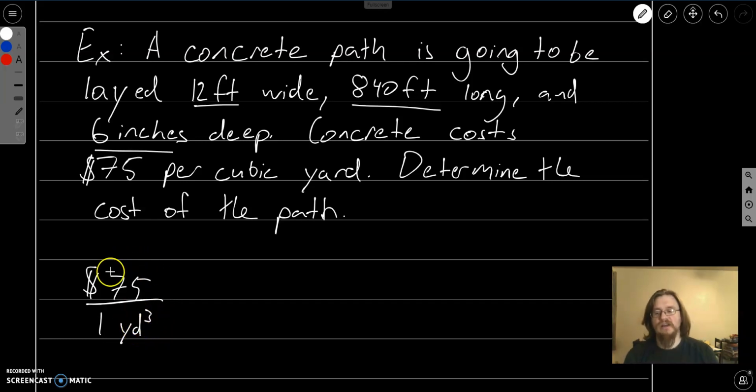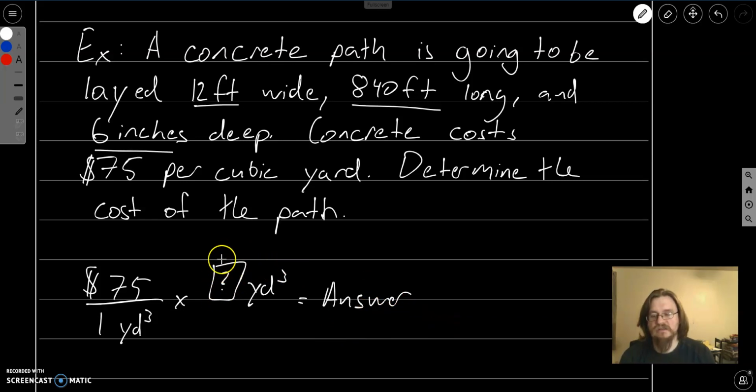So if I need to find out how much the path is going to cost, I'm going to need to multiply. To get rid of the yards cubed on the bottom, I'm going to need to multiply by how many yards cubed the path is going to be. This is the number that I need to figure out to get my answer.